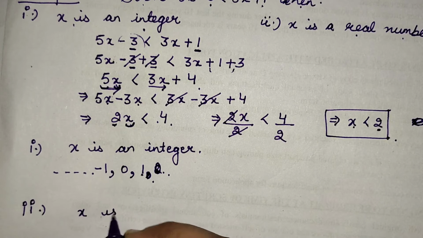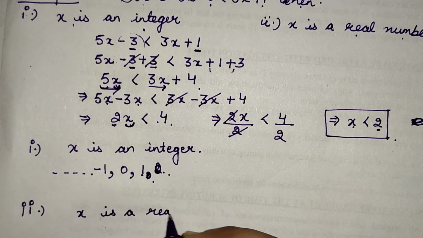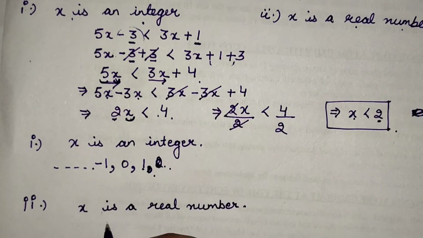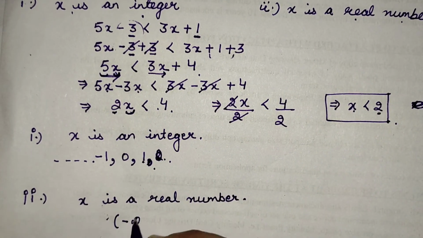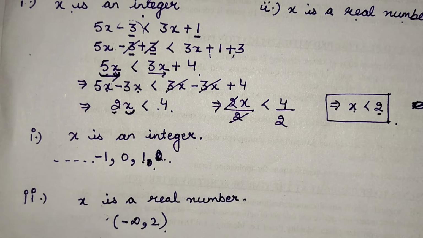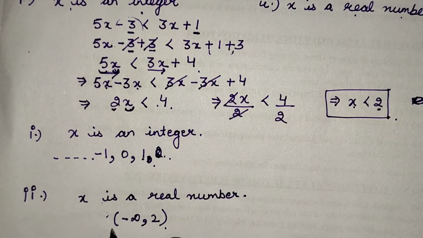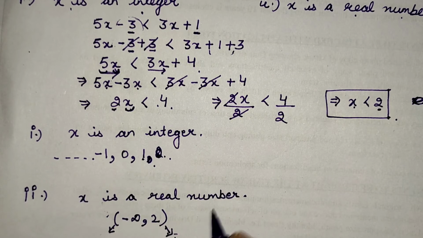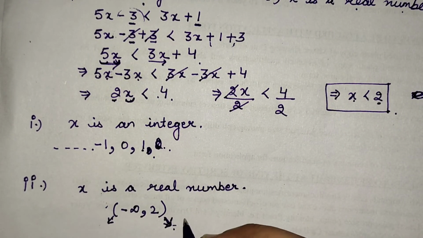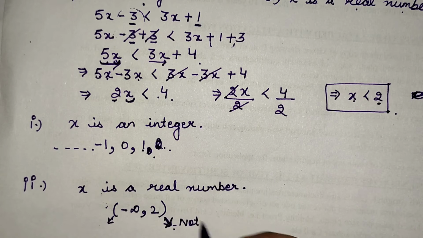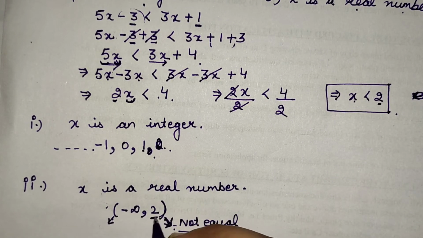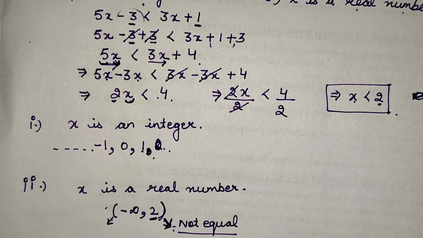Okay, so the second part is when x is a real number. If x is a real number, how do we represent it? It can be from -infinity to 2. These are the circle brackets. Circle brackets are used when we want to denote that the value is not included, meaning x is not equal to 2, x is less than 2 only.